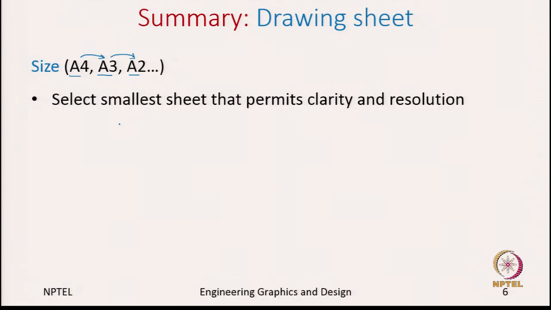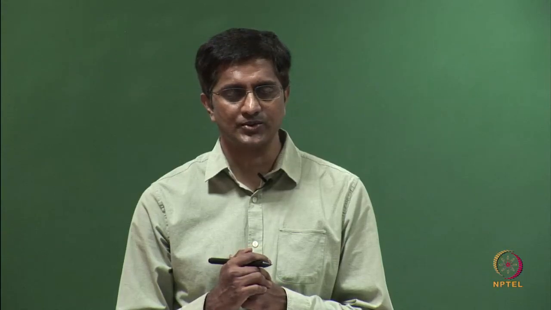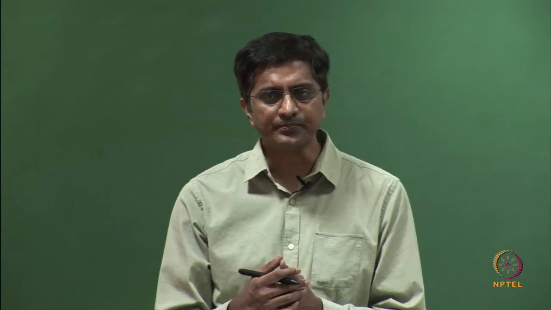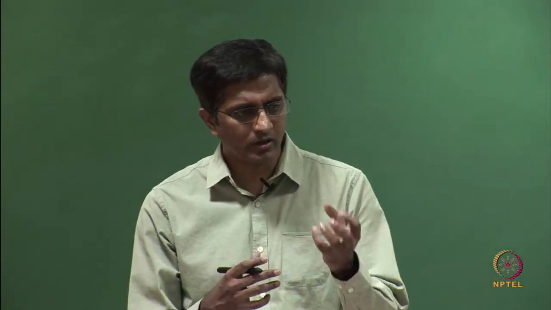But the clarity and the resolution of the object decide which size of drawing sheet you will choose. So, depending on whether it is a large object or a small object, and on the amount of information about the object you want to depict, the size of the sheet can vary.